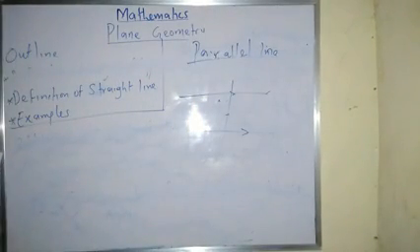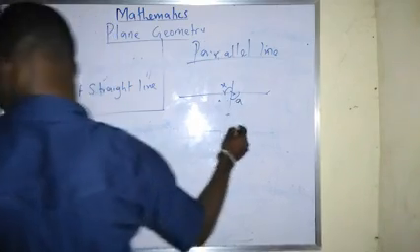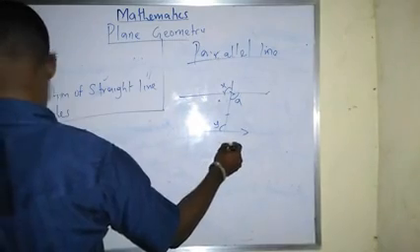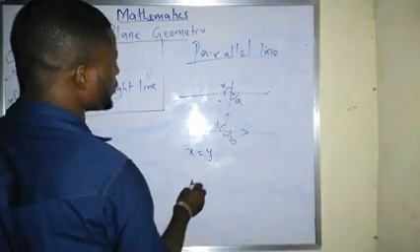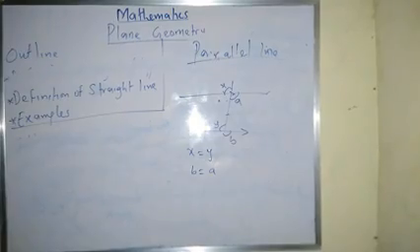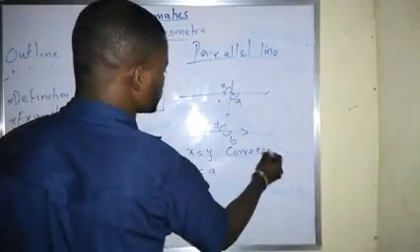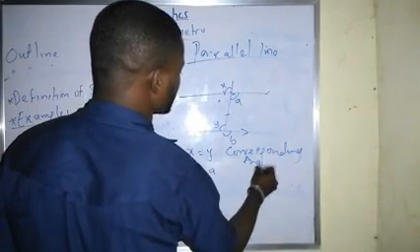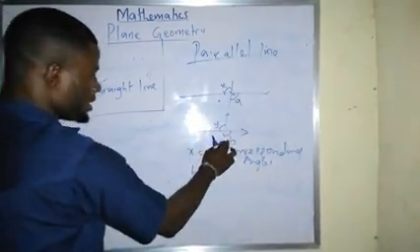The first thing is, if I have x here, a here, y here, and b here, then x equals y, and b equals a. These are called corresponding angles. This angle corresponds to this one, and this angle corresponds to that.